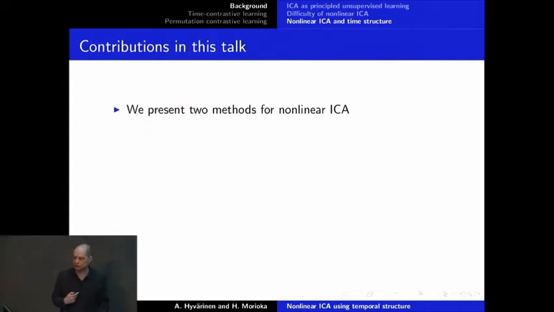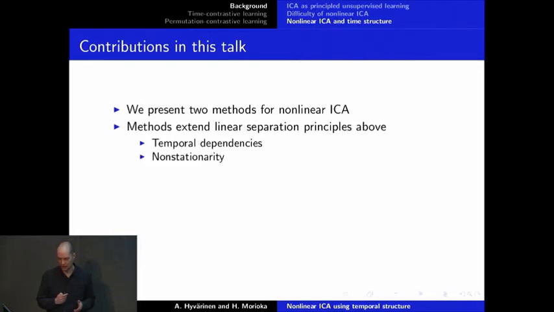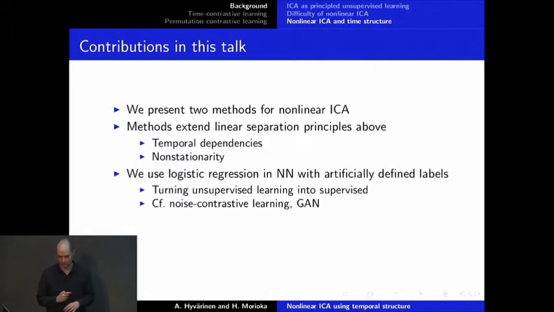Okay, so what I'm going to talk about here is two methods for nonlinear ICA. These two methods extend the separation principles for linear ICA that I just mentioned, in particular the idea of temporal dependencies and the principle of non-stationarity.